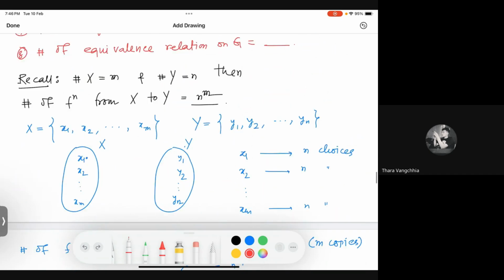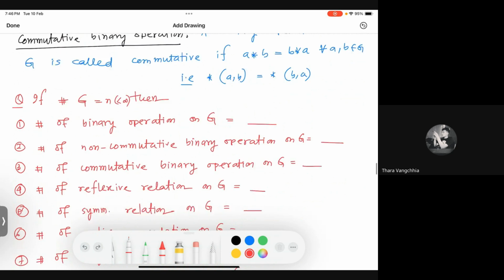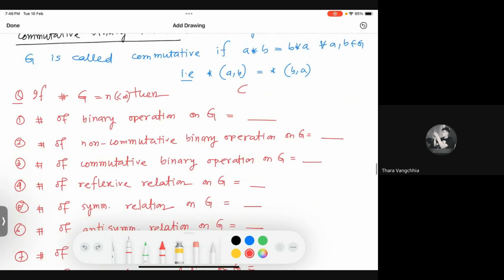So in this question, I want to know the number of binary operations on G. It means the number of functions from G cross G to G. If the cardinality of G is n, then what is the cardinality of G cross G?